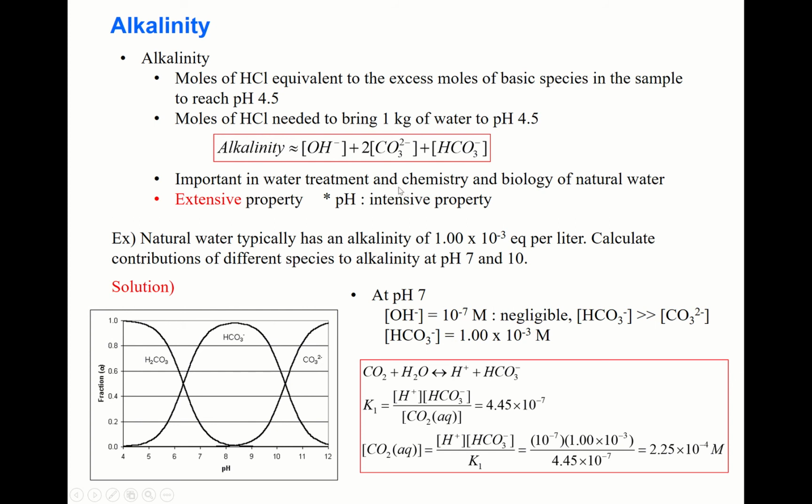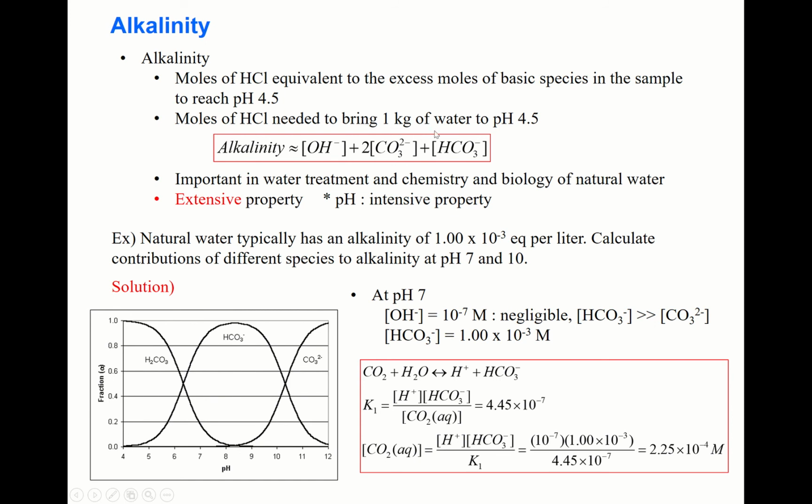So to neutralize these three species, you need the acid, in this case, strong acid, HCl. And here, moles of HCl needed to bring 1 kilogram of water to pH 4.5, yeah, this is the definition.